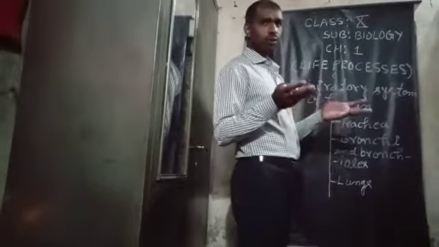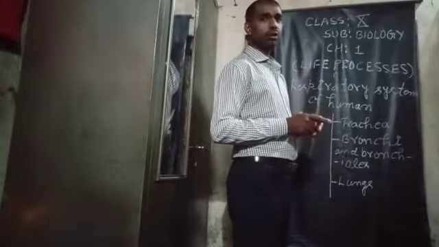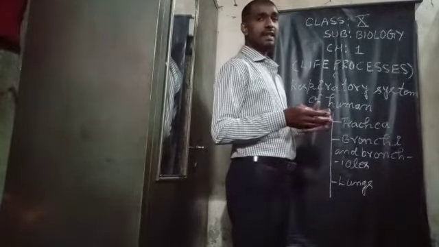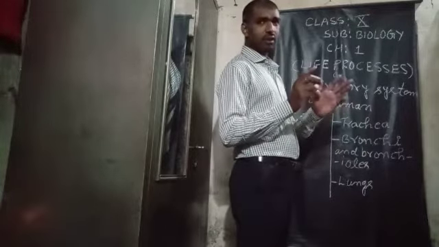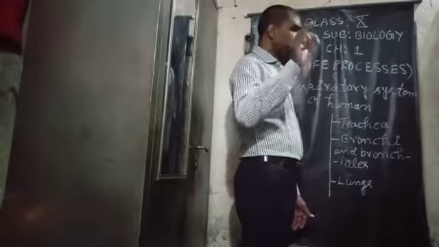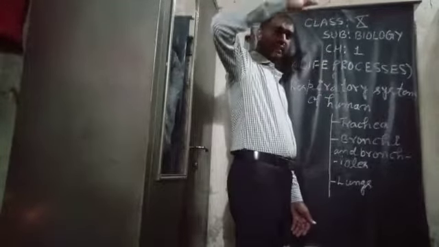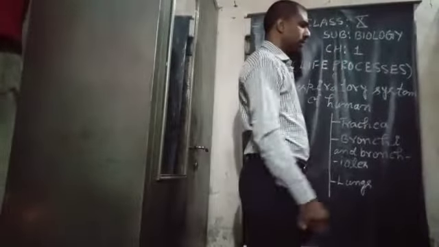Lungs are cone shaped. You all study cones, spheres and circles in maths; the lungs are in the form of a cone, tapering and pointed at the top, and broad at the bottom.